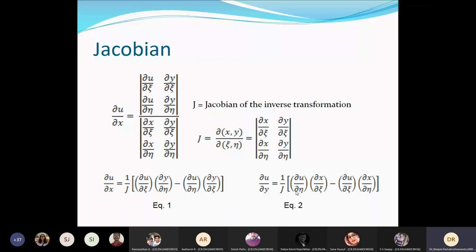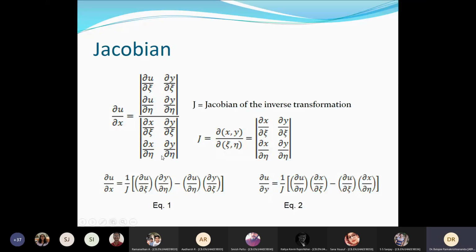You will get ∂u/∂x as this expression: ∂u/∂ξ, ∂y/∂ξ, ∂u/∂η, ∂y/∂η, the determinant of this is the numerator. And in the denominator, instead of u and y, you'll have x and y.